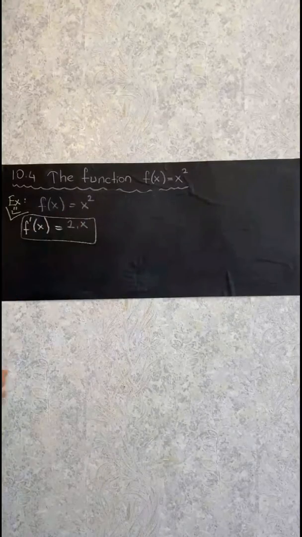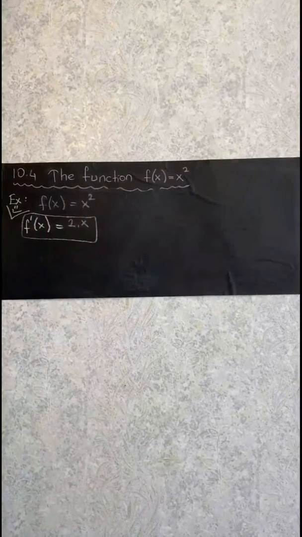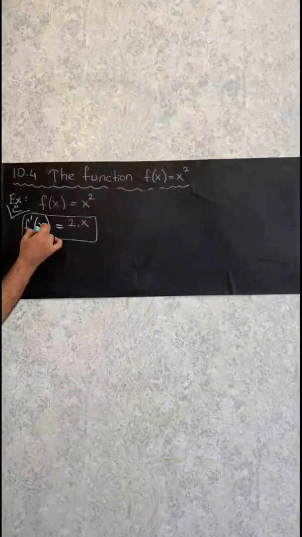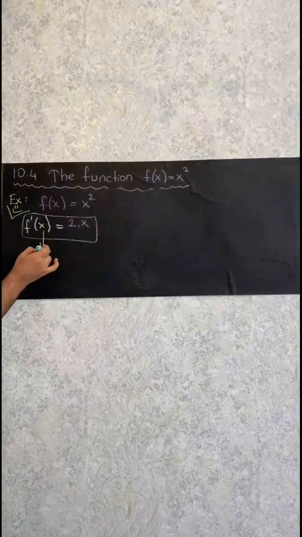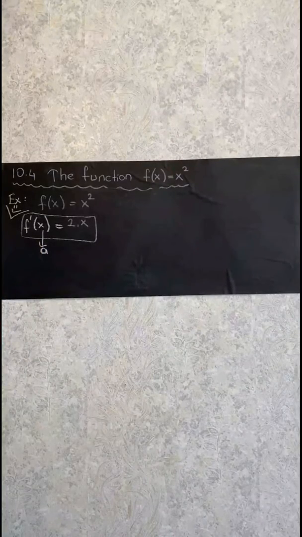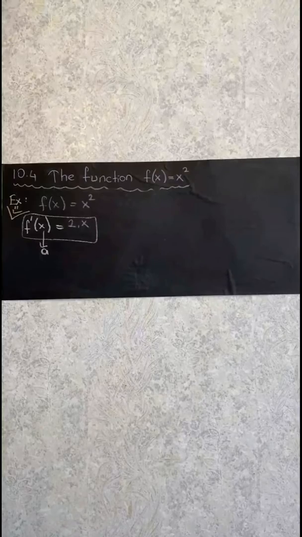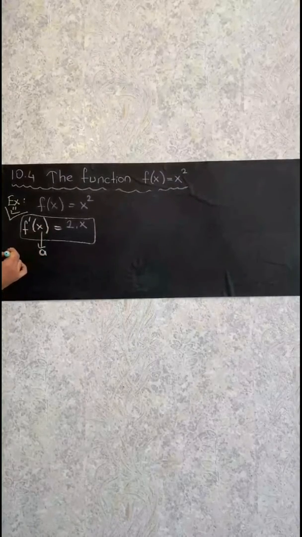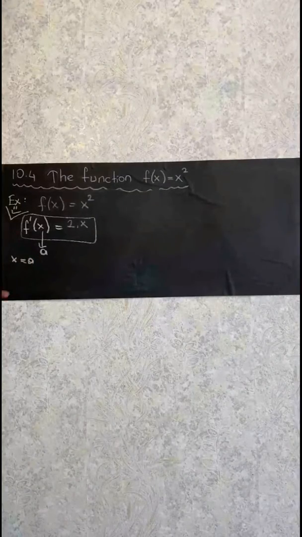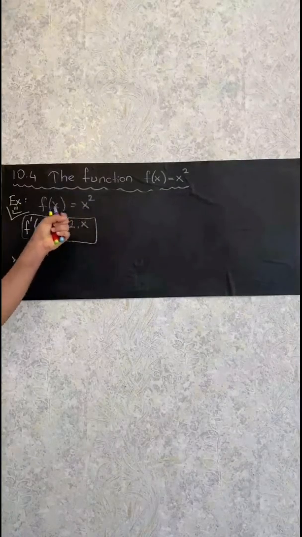For the derivative of x squared, we can also find the slope. How to find the slope? Instead of x, take a number, for example 1, 2, 3, 4, 5, odd or even numbers. If x equals a, we find the slope.